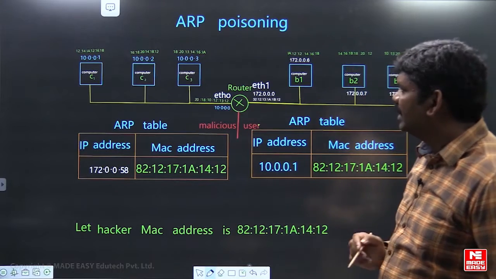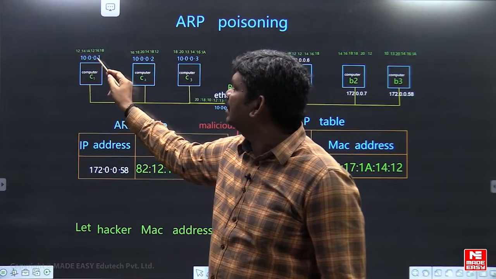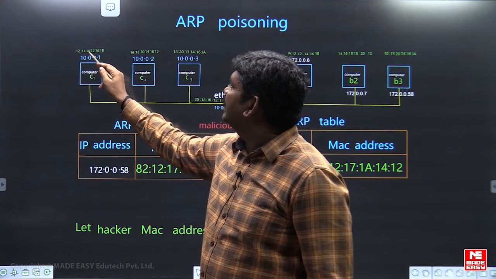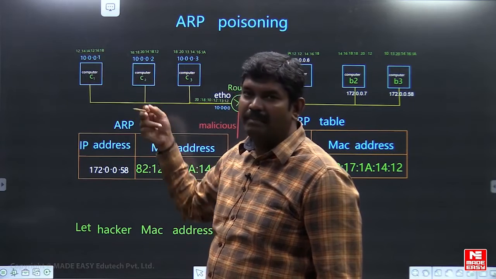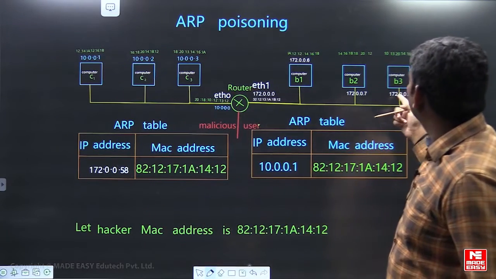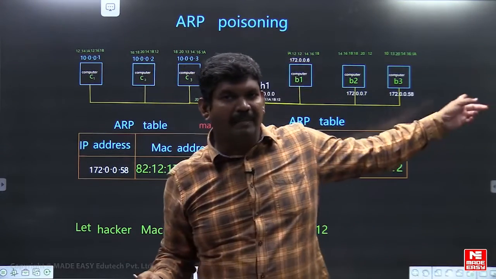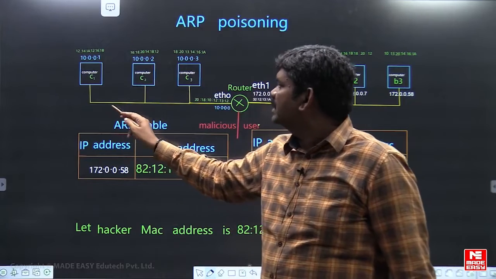Now see, when C1 wants to communicate, it says: 10.0.0.1 is my IP address, 12.14.1A121618 is my MAC address, and I want to communicate with the IP address 17.0.0.58, because C1 will get that IP with the help of DNS. Now he will send the ARP request.